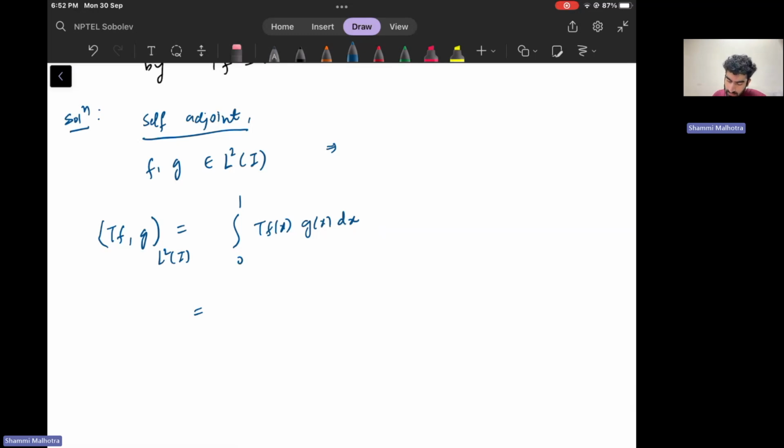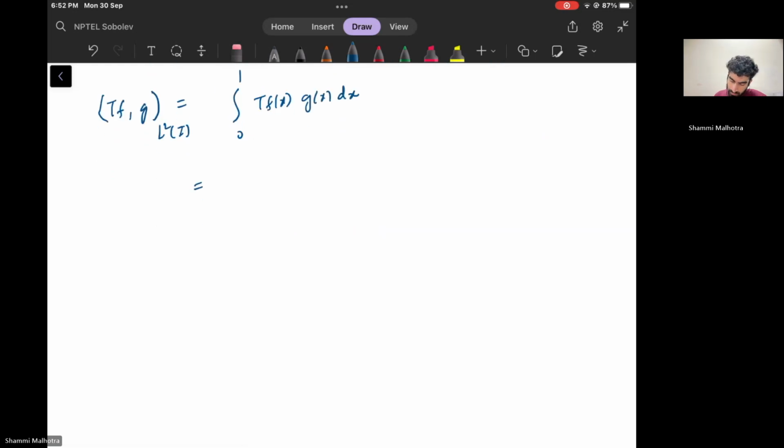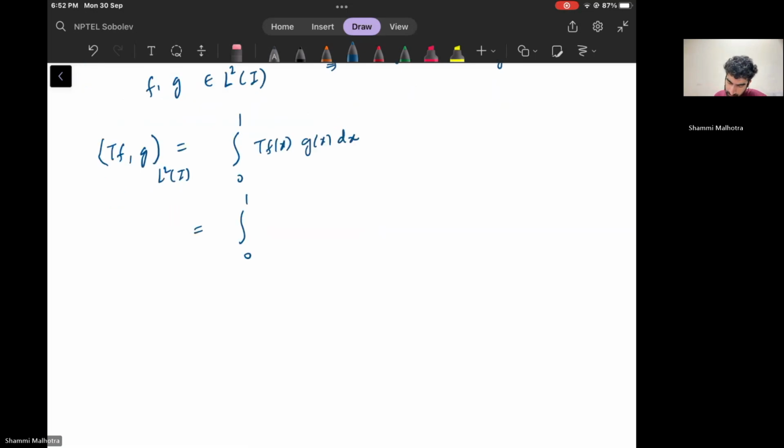So let's say if I name this Tf to be u and Tg to be some v, then this is 0 to 1 of u, and so what is g? g also satisfies this equation, so g will be minus v double dash plus v dx.